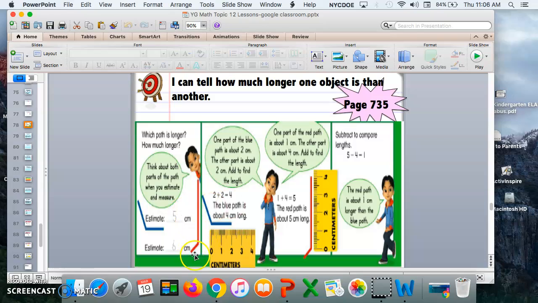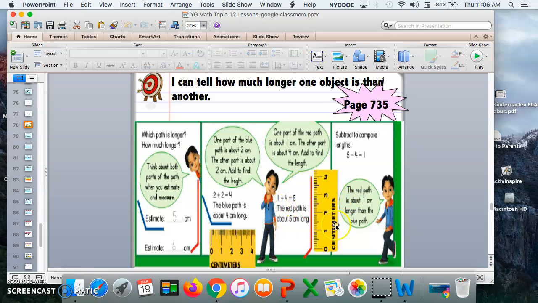Now the red path: if from here to here is about 1 centimeter, and from here to here is about 4 centimeters, then 1 plus 4 is equal to 5. So which path is longer? Is it the blue path or the red path? We know that 5 is bigger than 4. That means the red path is longer.